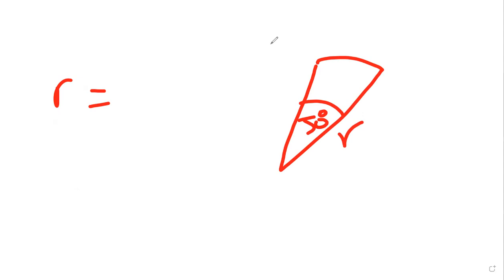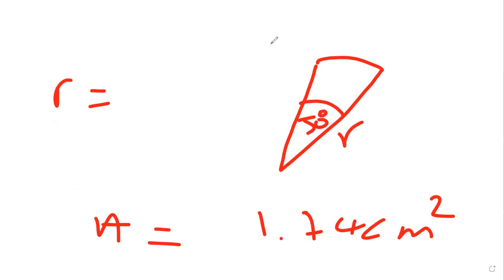Now, we can prove that our radius is actually 2 or approximately 2. So let's say we just had 1.74 centimeters squared for the area of the sector. Let's say we want to find r.